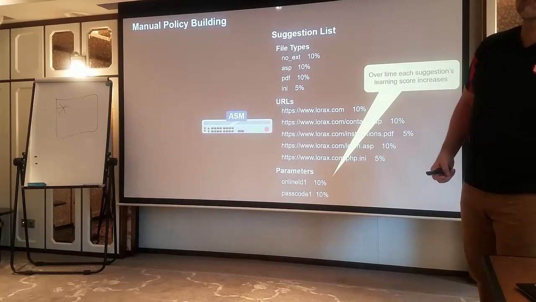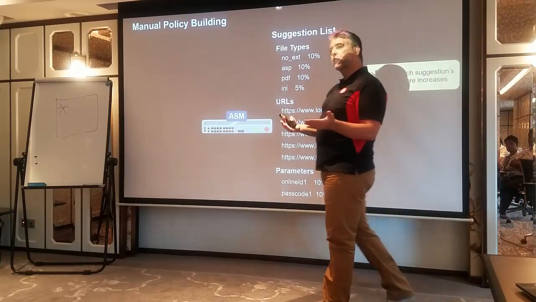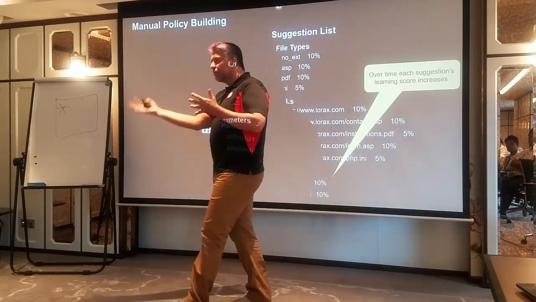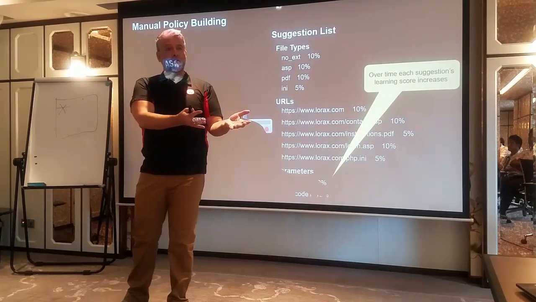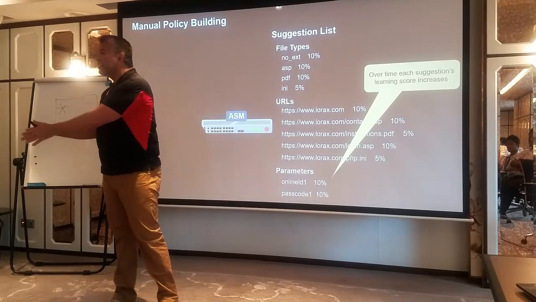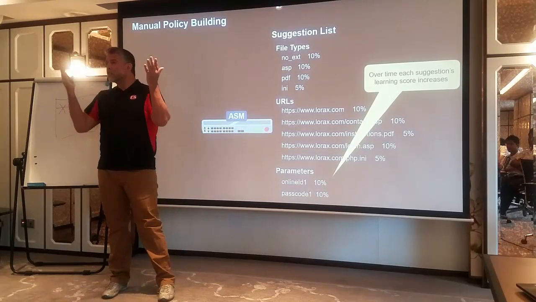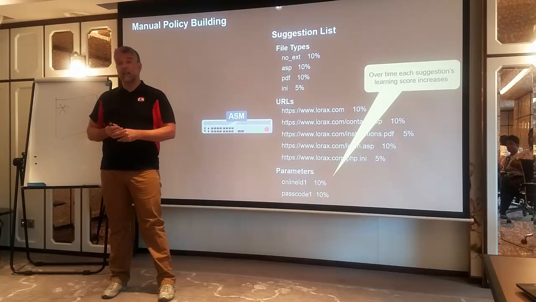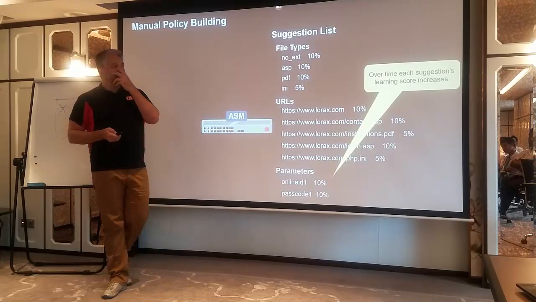The purpose of this learning score, by the way, is to help policy building administrators differentiate between what's probably a valid entry for the security policy and maybe not a valid entry. Typically, items with high learning scores are probably valid, but it's not a guarantee. I'll explain why.